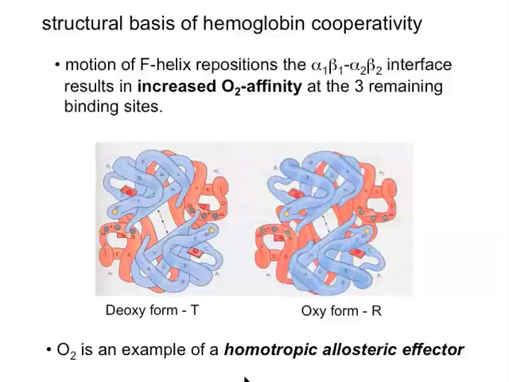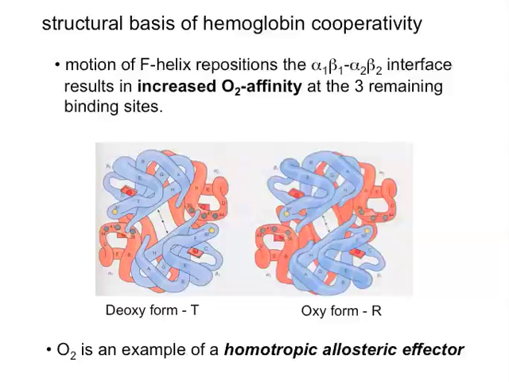So which one do we define as our actual real binding site? It's fair to say that oxygen binding and release is the job of hemoglobin. So since oxygen is the ligand, it's a homotropic effector, and other ligands alter the behavior of hemoglobin with respect to oxygen affinity. So those are heterotropic effectors.